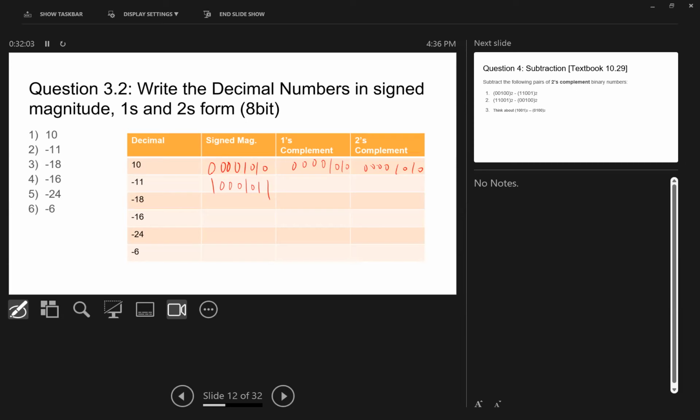And how about the 2's complement version for negative 11? First, how do we get the 1's complement for negative 11?